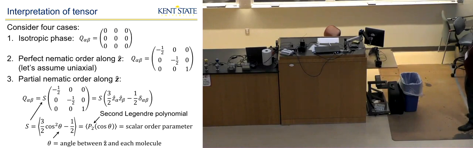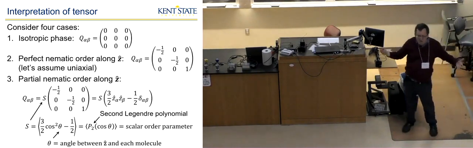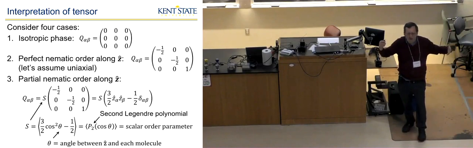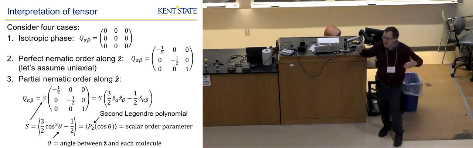This now represents perfect nematic order along Z. What if it's not perfect? Typically in the world, things aren't perfect. Typically in the world, there's a distribution of orientations.